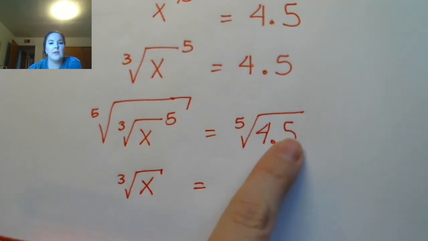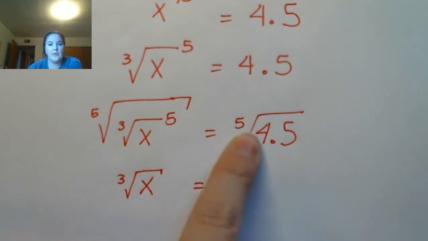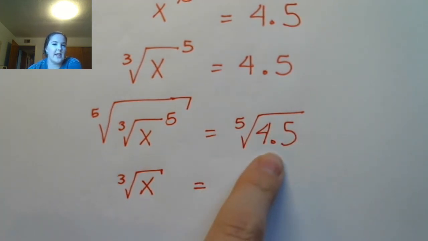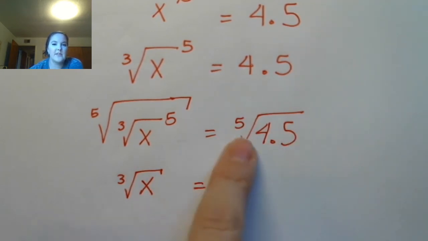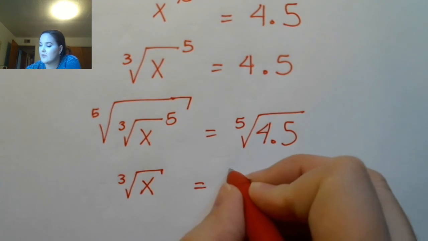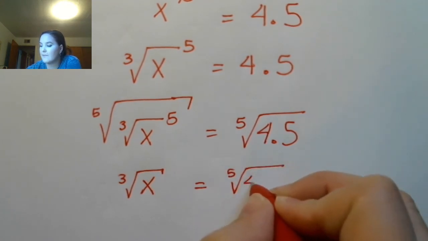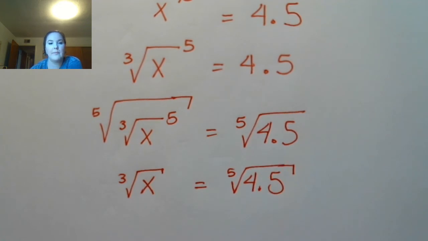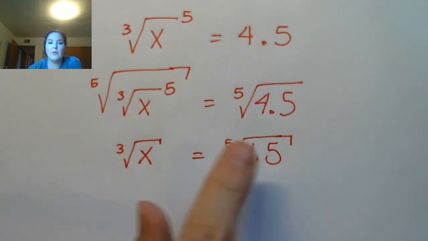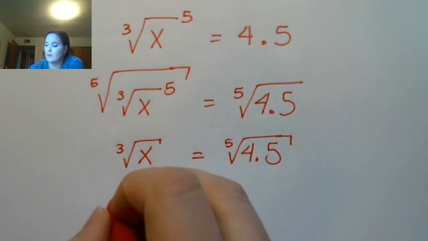Over here, I'm not sure what the fifth root of 4.5 is. I can't think of anything that times itself 5 times gives me 4.5. So I'm just going to leave it like this. Then I'm going to cube both sides to get rid of this cube root.